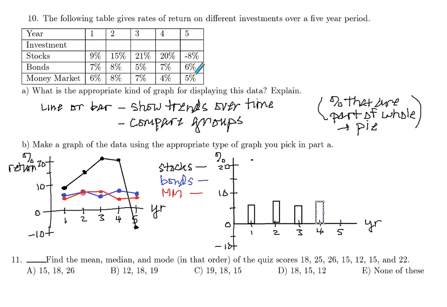And then 6% in that fifth year. Okay, and then these are going to be our bonds. Our bonds were blue, so why don't I color those in blue? Okay, and then over here, put a key, and our bonds are going to be blue.